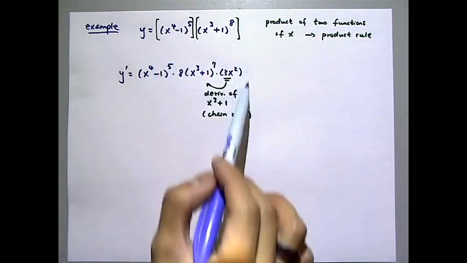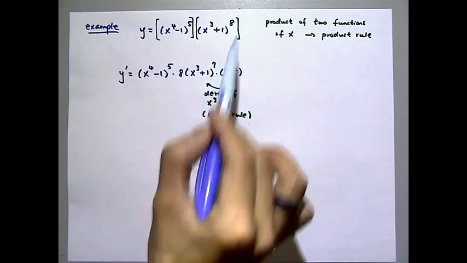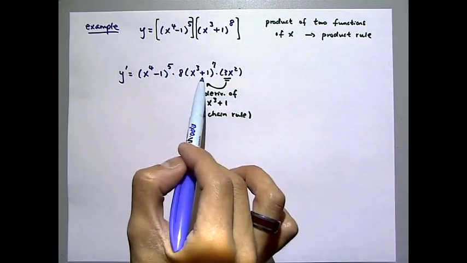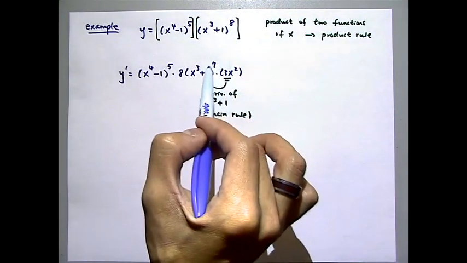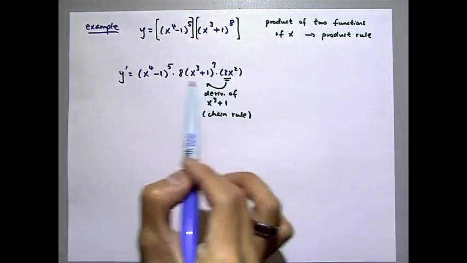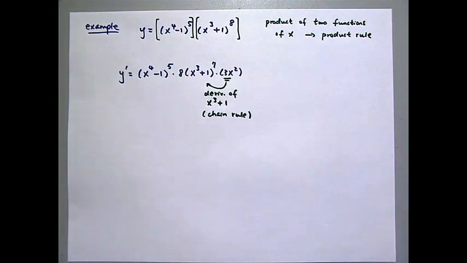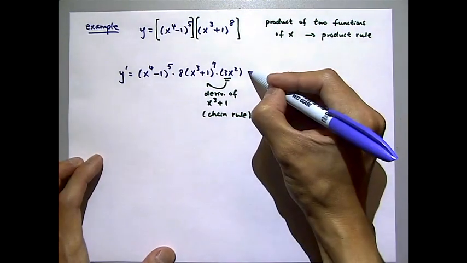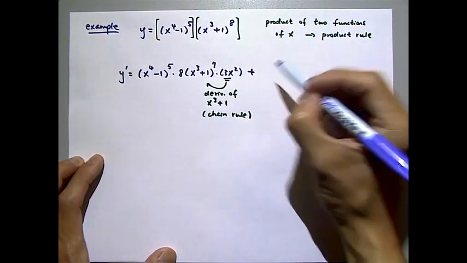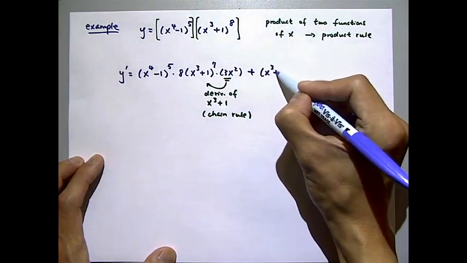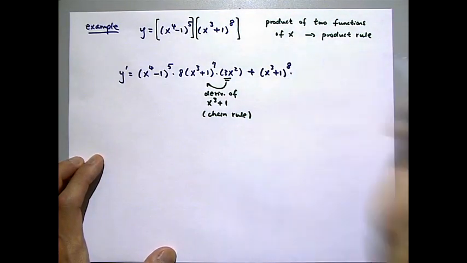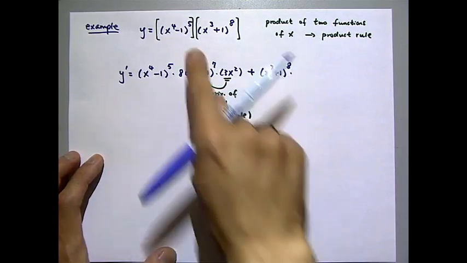And the derivative of the second here, we needed a chain rule. 8 comes down. That stays the same. Power goes down by 1 times derivative of that thing. It's more than just an x. Second part, same idea. Second thing we see times derivative of the first.